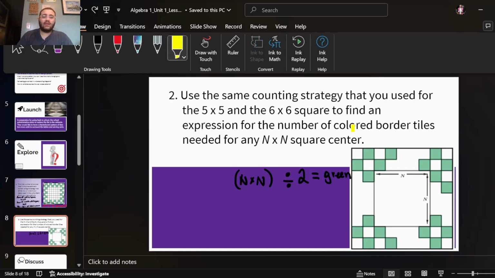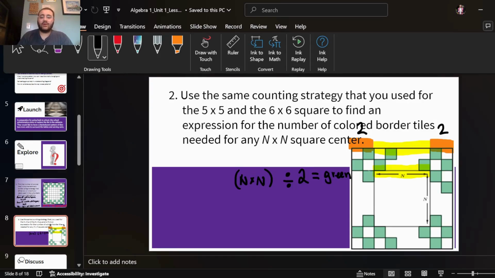So what I like to do is have them agree first that this side, this edge, is length n. And then we also need to agree at some point that this orange area here is worth 2. It's worth 2 squares on each side.